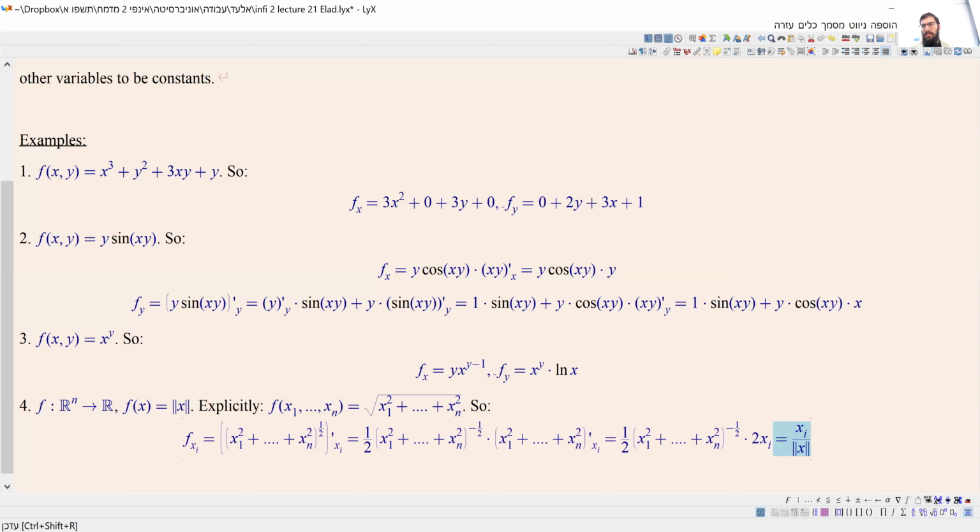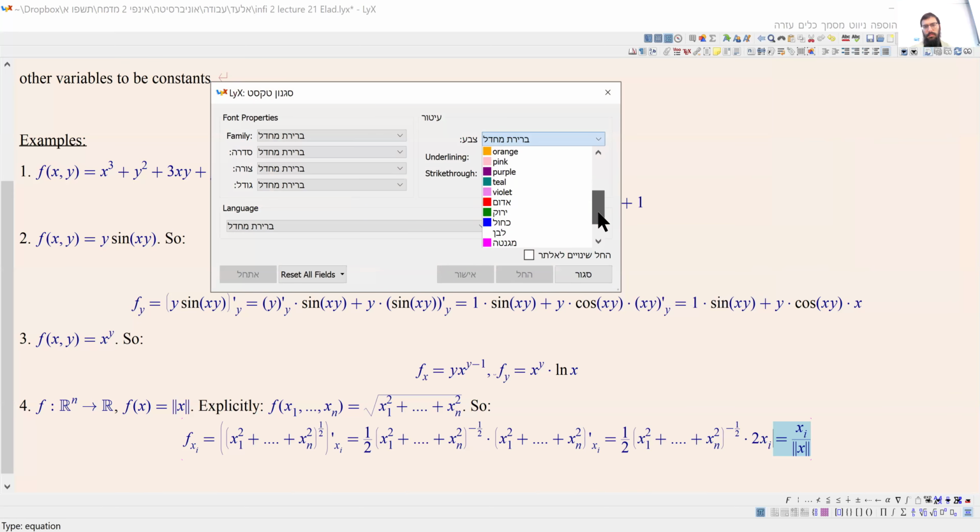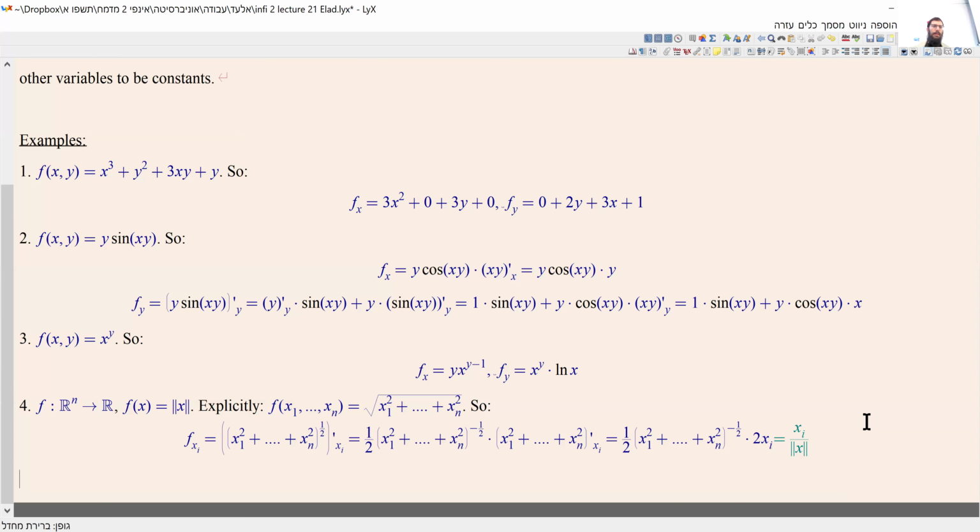And I want to write it in a different color because it is really not important to the derivative itself. Okay, so by the rules of derivatives, it's pretty easy, or at least not requiring much thinking, calculating, computing, finding the partial derivatives.